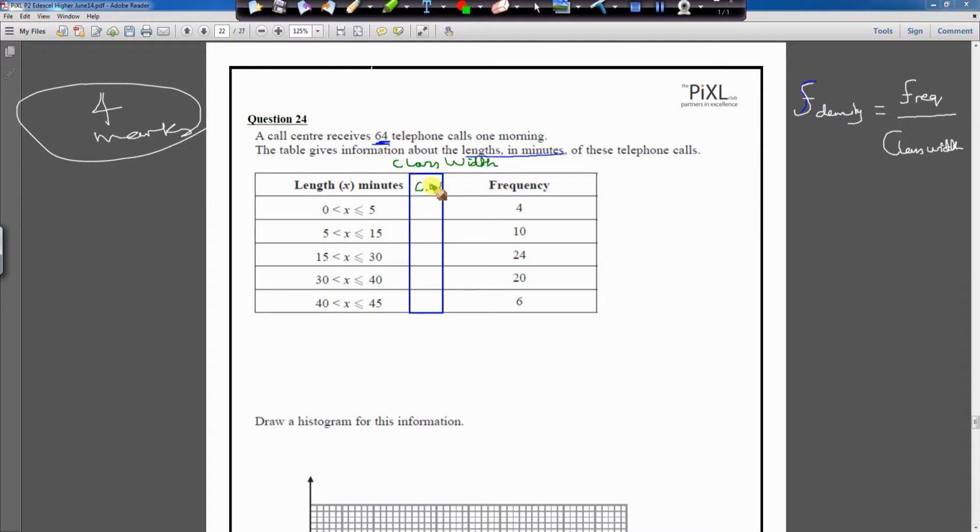Class width basically means the width of our data class. So 0 to 5, 5 take away 0 is a width of 5. 15 take away 5 is 10. 30 take away 15 will give us 15. 40 take away 30 will give us 10. 45 take away 40 will give us 5.